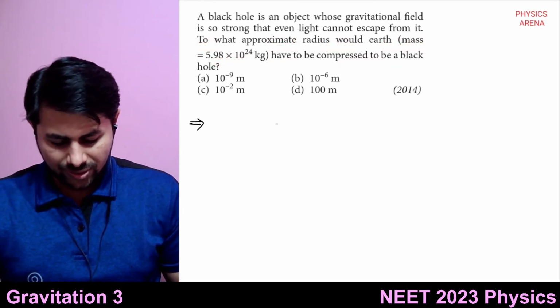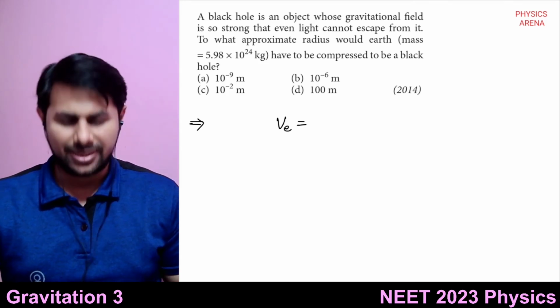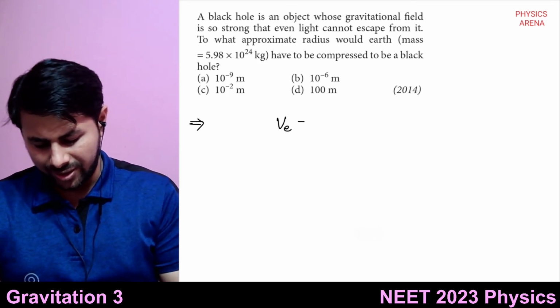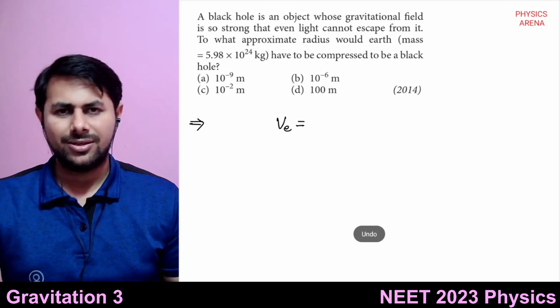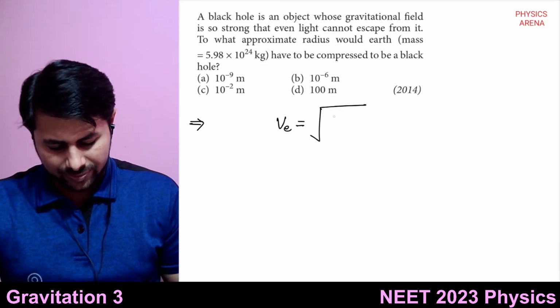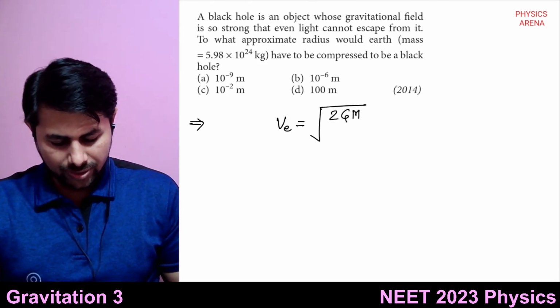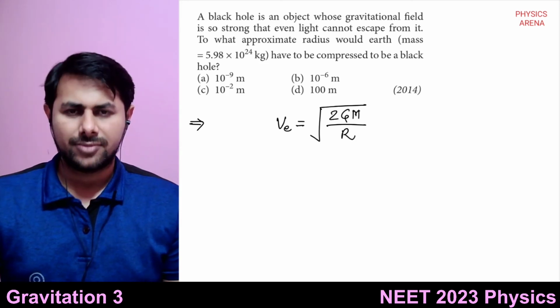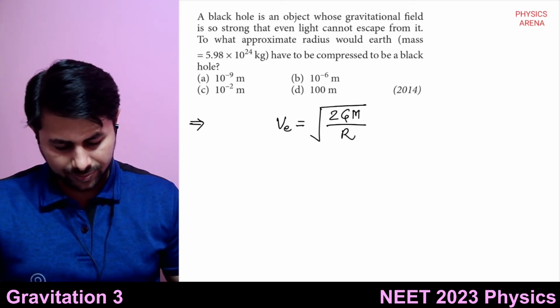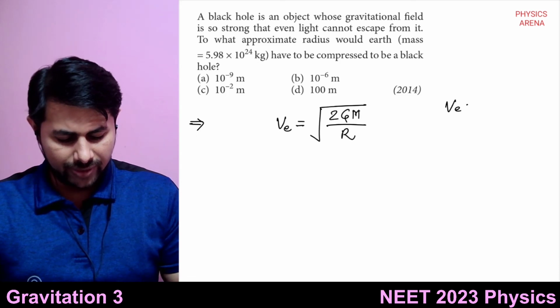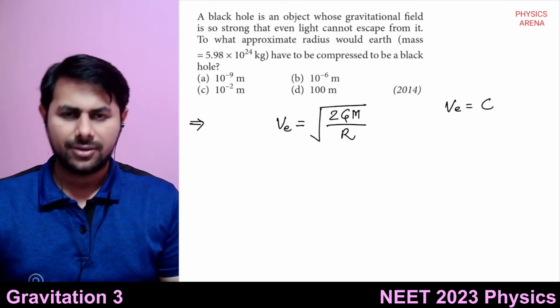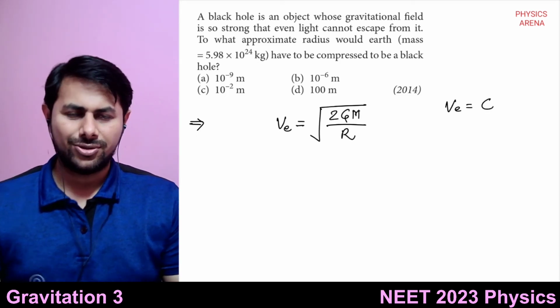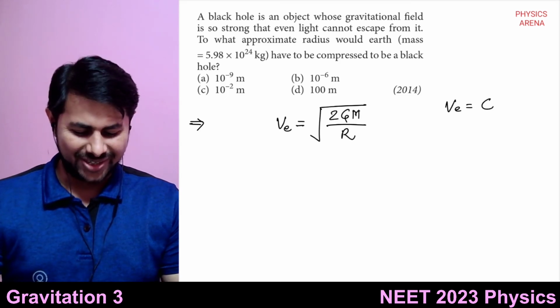So if Earth becomes a black hole, that means escape velocity is equal to the velocity of light, right? That is equal to square root of 2GM divided by R. So here v will be equal to c, the velocity of light. So light will not escape from Earth's surface.